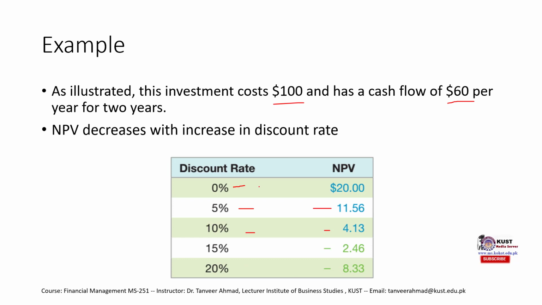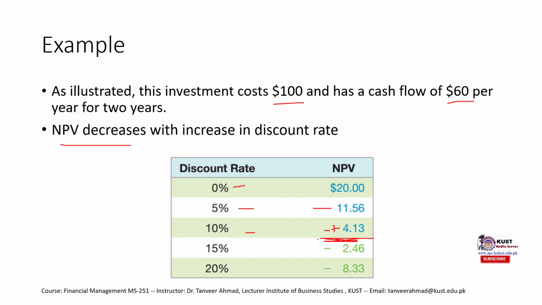What does this show us? First thing is that as we increase the discount rate, the NPV decreases. So as we increase the discount rate, as we increase the value of R, the NPV would decrease. And you can see that somewhere between 10% and 15%, the NPV becomes 0 because it is positive here, and it becomes negative at 15%.